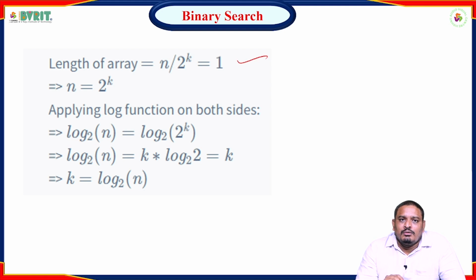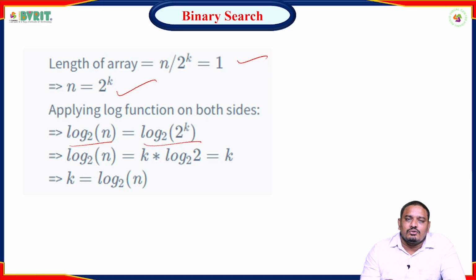It means that finally we have only 1 element. That is, n is equal to 2 power k. Now we apply the logarithmic function on both sides, that is log n base 2 equals log 2 power k base 2. Here 2 power k is n, so log n base 2 equals k into log 2 base 2.